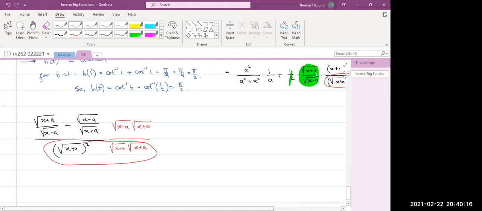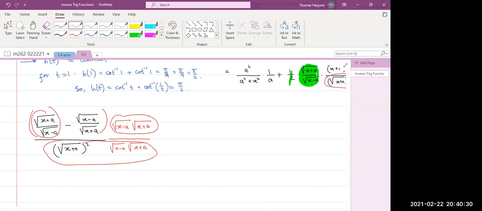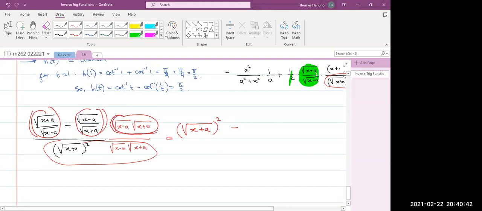The thing is, when I multiply the first term here by this, notice that x minus a cancels. Only x plus a under square root being squared. And this guy, when I multiply by this, square root of x plus a cancels, I get square root of x minus a being squared.